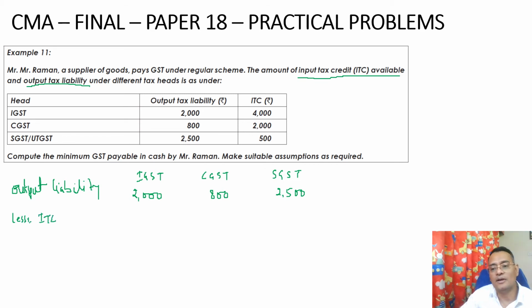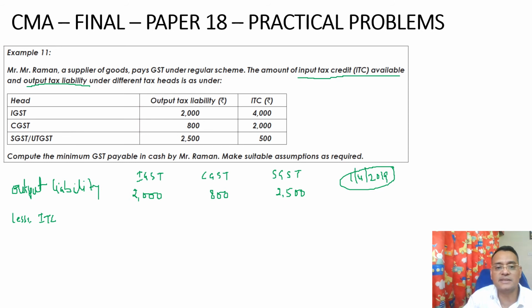Now less ITC. So first we have to utilize the IGST. Now with effect from 1st April 2019, the ITC of IGST can be used between CGST and SGST in any proportion.